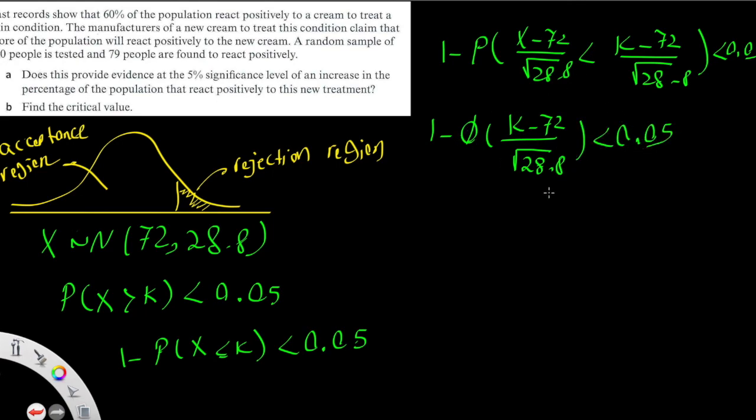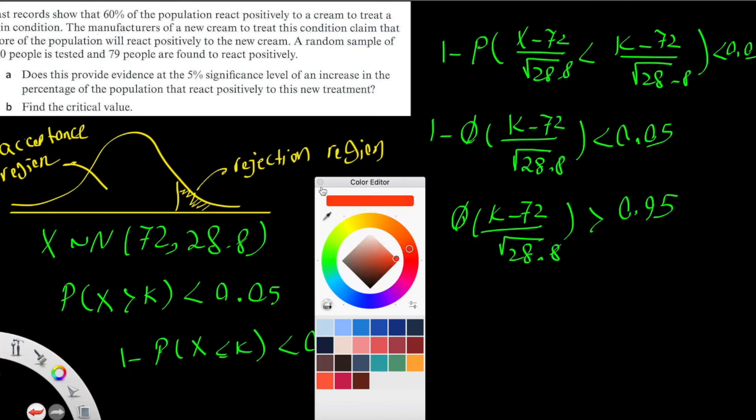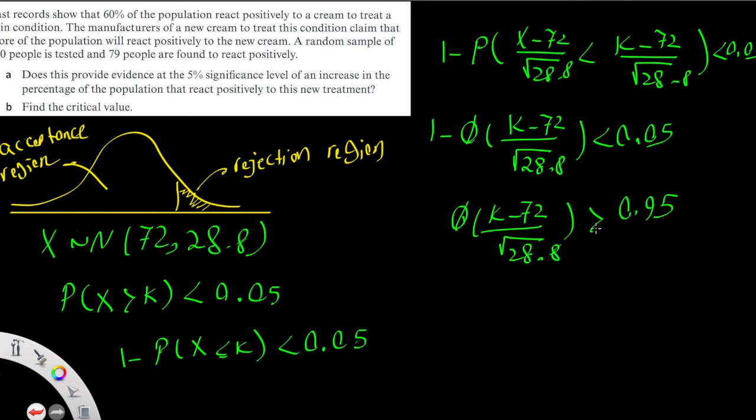0.05. Transfer to the other side, so we can write phi of K minus 72 over radical 28.8 is more than 0.95. Now, if you check the table, you will find K minus 72 over radical 28.8 must be greater than 1.645.